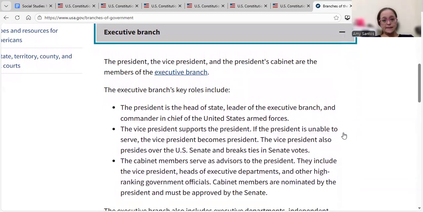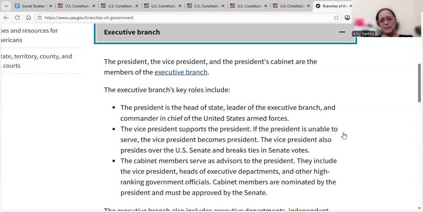The president is the head of state, leader of the executive branch, and commander-in-chief of the United States Armed Forces. The vice president supports the president. If the president is unable to serve, the vice president becomes president. The vice president also presides over the U.S. Senate and breaks ties in Senate votes.